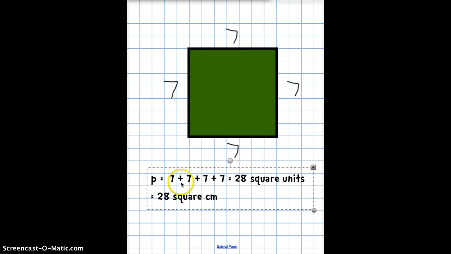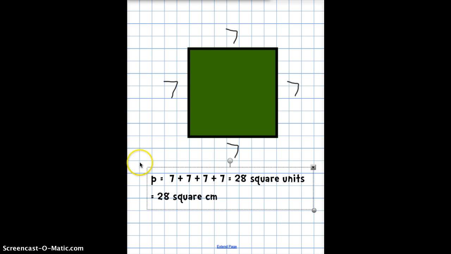Now, to find the perimeter is an addition problem typically. They would add all 4 sides together. So you can see that 7 plus 7 plus 7 plus 7 is equal to 28 square units, or in this case it would be 28 square centimeters.